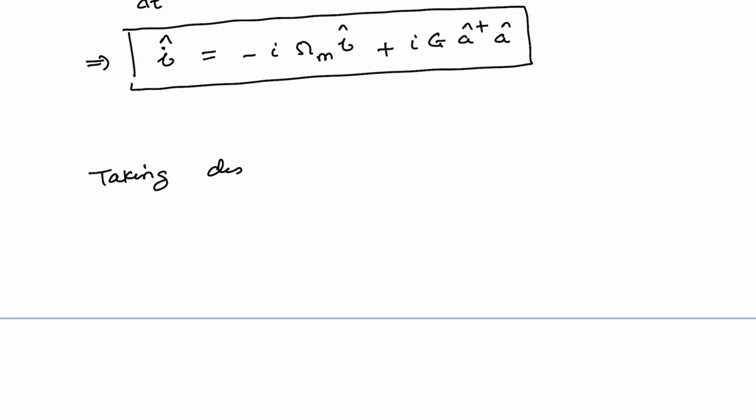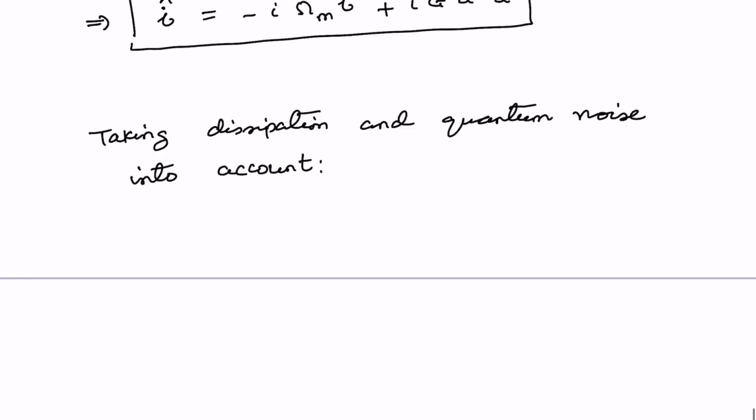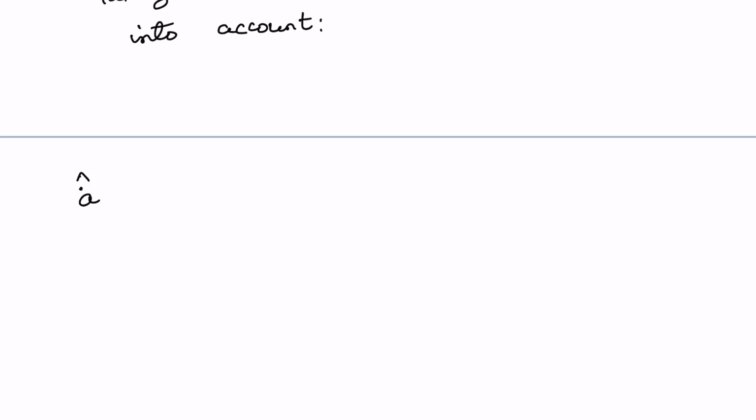I can write a dot equals i delta a plus i z a (b plus b dagger) plus omega_drive.